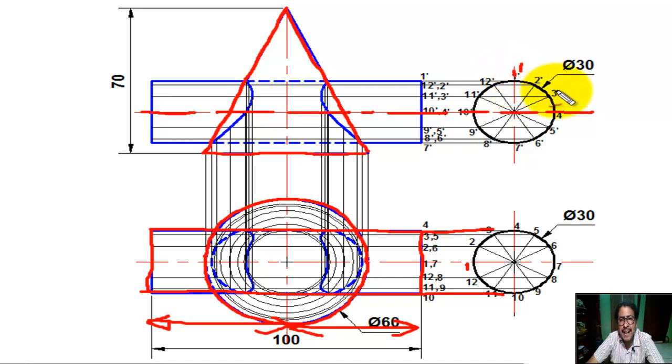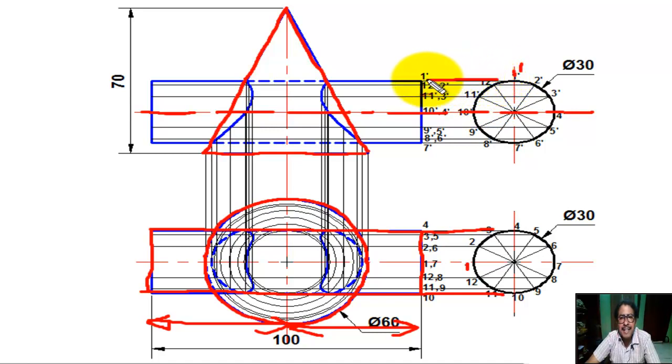In this way we mark 1 dash, 2 dash, up to 12 dash.